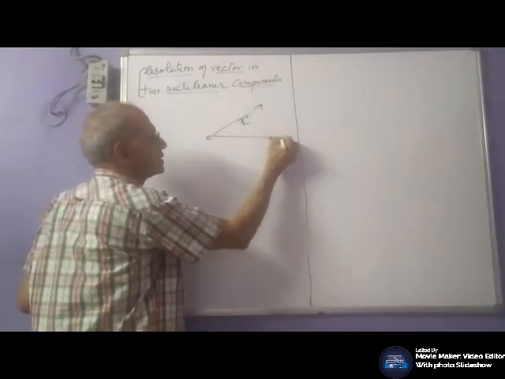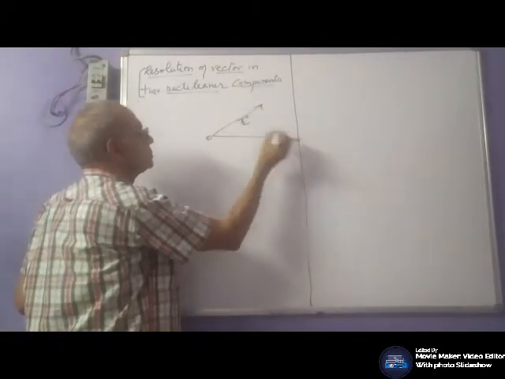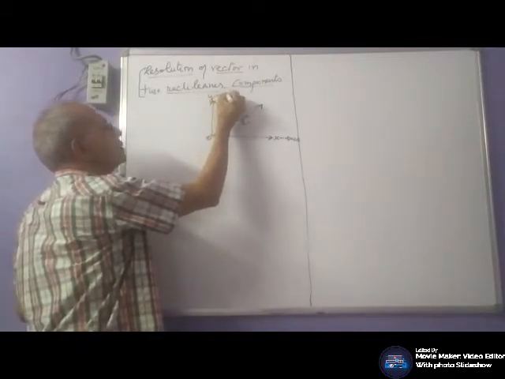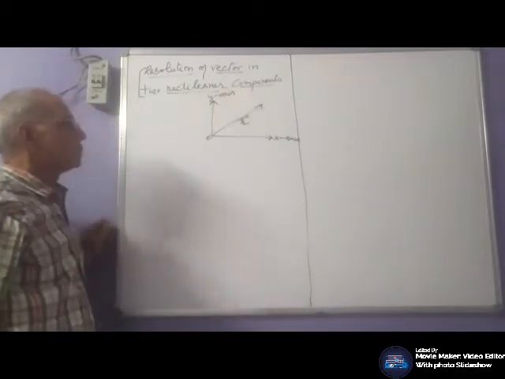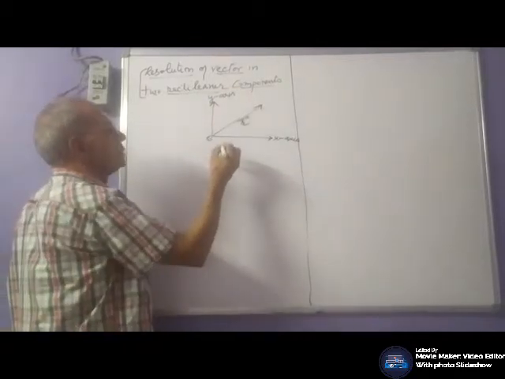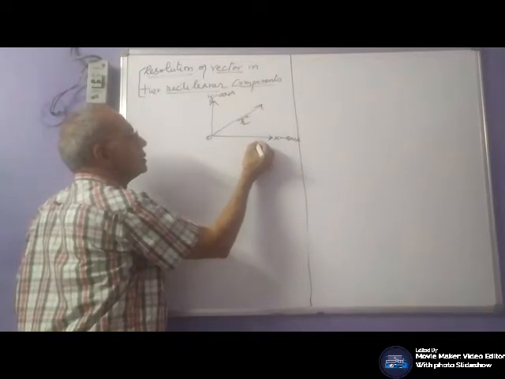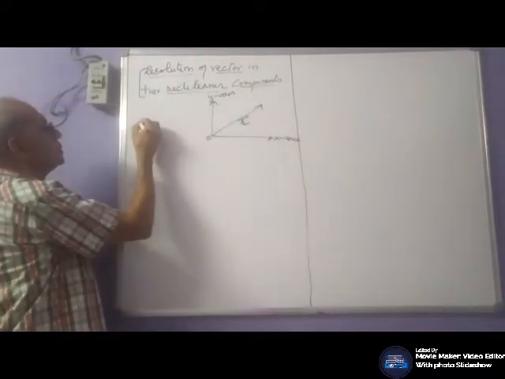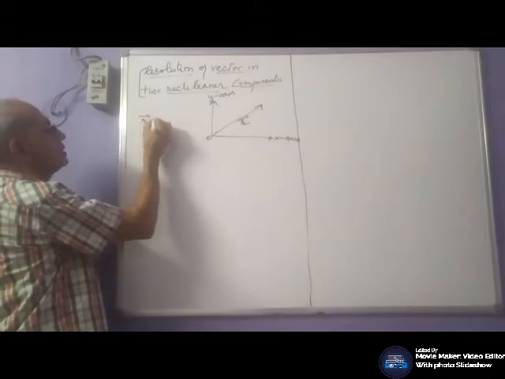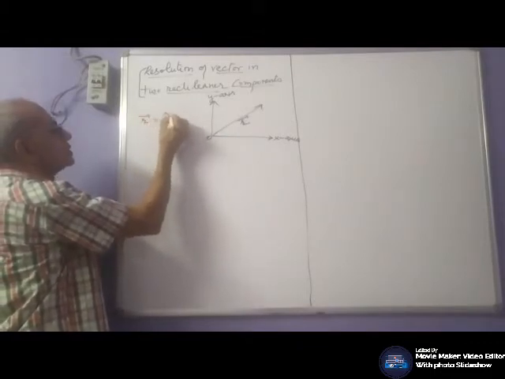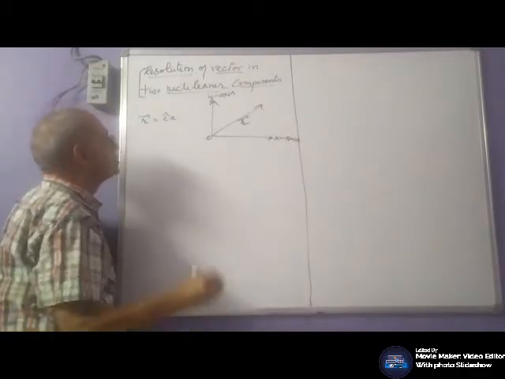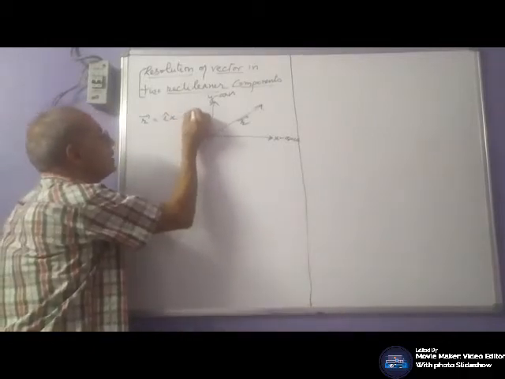This is the x-axis, y-axis. This R vector is Ix plus Jy.